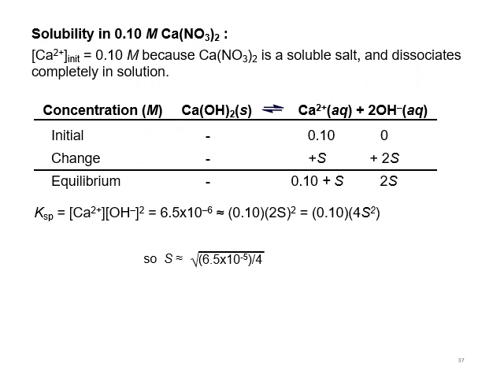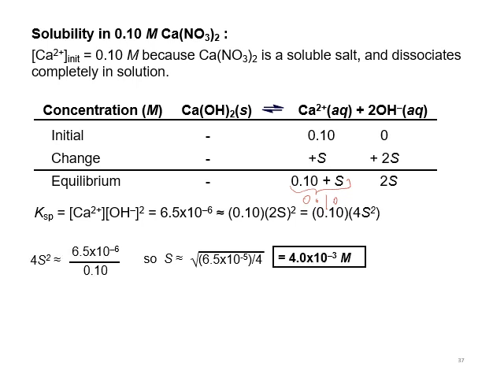So right here, the initial concentration of calcium is 0.10, hydroxide is 0, plus S, plus 2S because it's two hydroxide ions. So it gives me 0.10 plus S, 2S. Ksp is concentration of calcium ion times the hydroxide ion squared. So I'm going to plug in my values right here. And remember, I'm going to make an assumption that 0.10 plus S is same as 0.10, and that would help me simplify my equation, and I can solve for capital S. So that gives me a value of 4.0 times 10 raised to power minus 3.